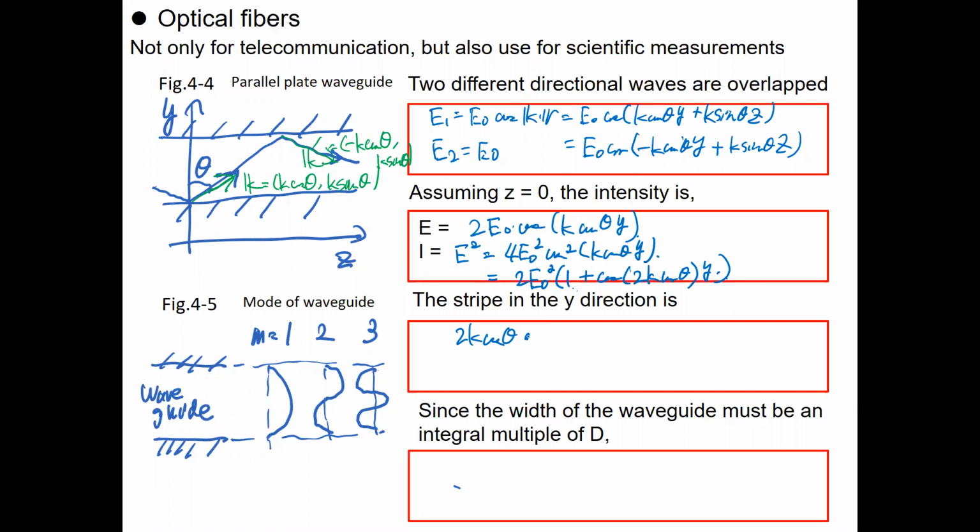If you think about the waveguide thickness d equal to pi, and when we think about k equals 2 pi n over lambda, then now d equals lambda over 2n cosine theta.